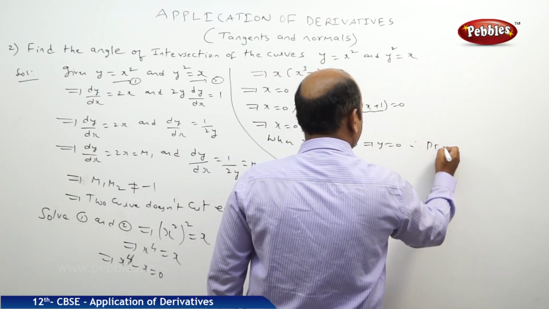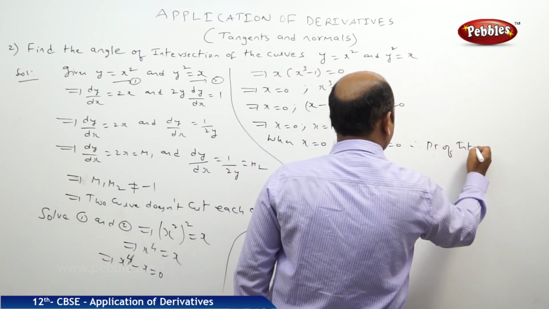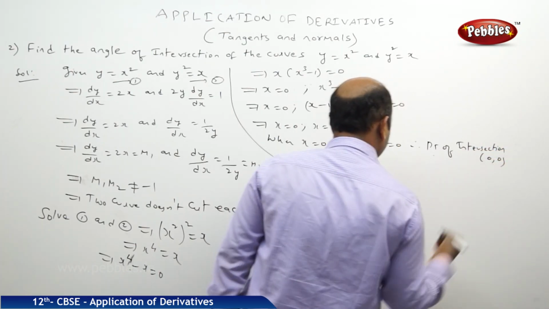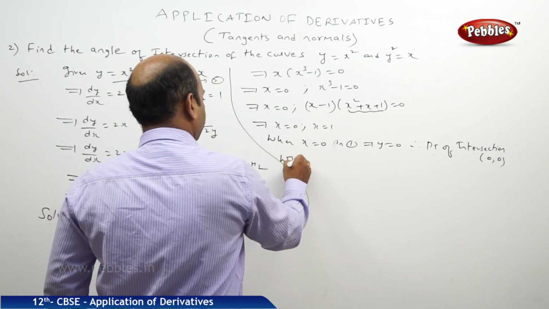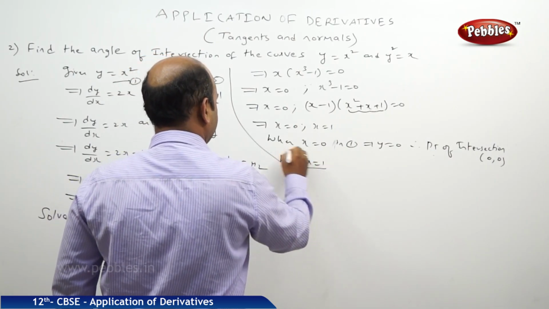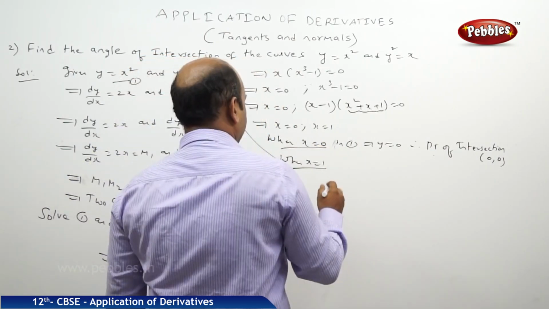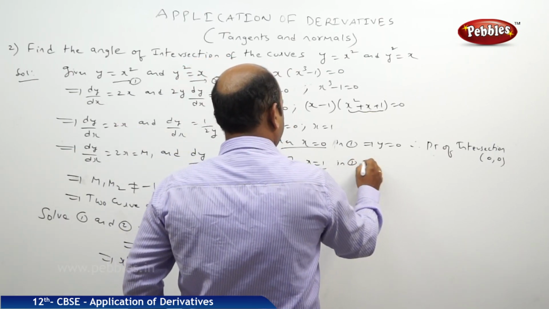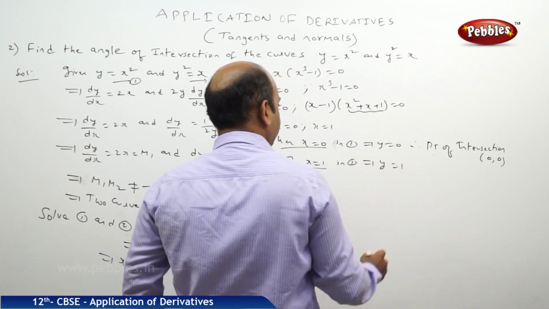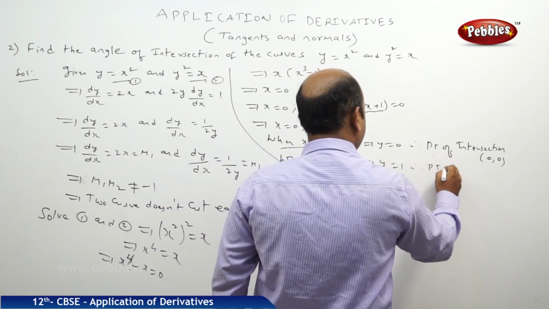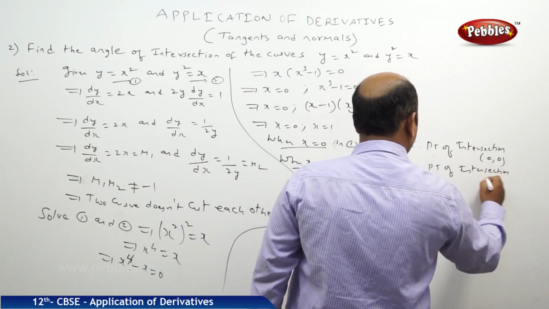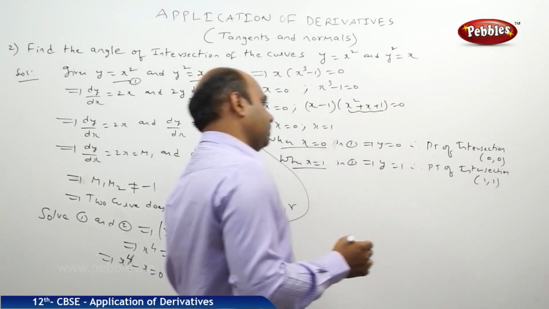Therefore one point of intersection is 0, 0. Now when x is equal to 1, substituting in equation 1 only, I am getting y is equal to 1. Therefore the other point of intersection is 1, 1.